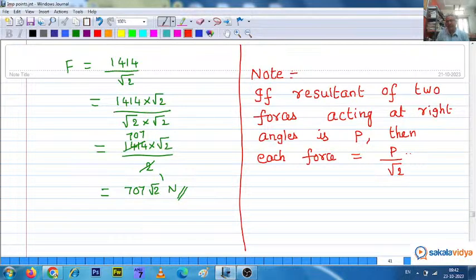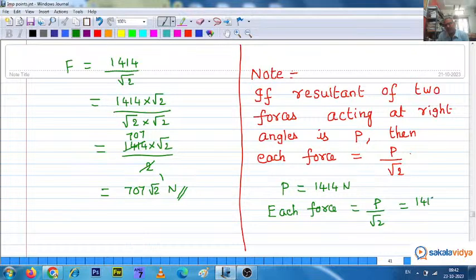So you remember this one. So P by root 2 means according to the problem directly we can write here P is equal to 1414 newtons. So we need each force is equal to P upon root 2. This is equal to 1414 by root 2.